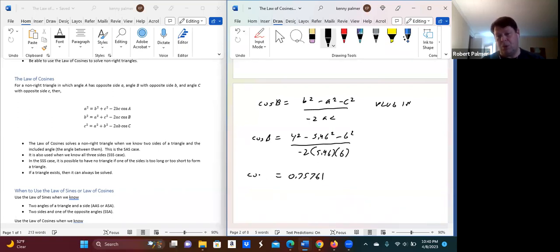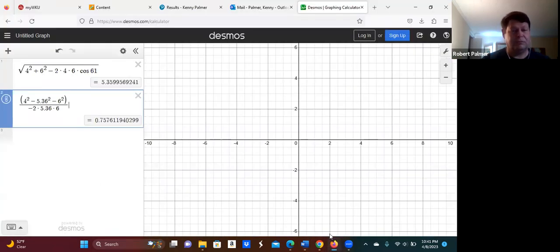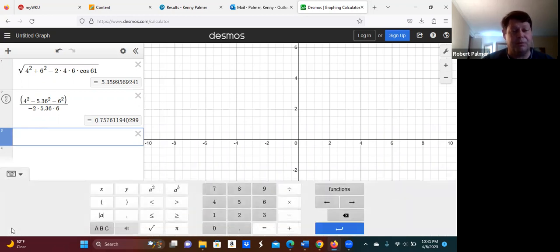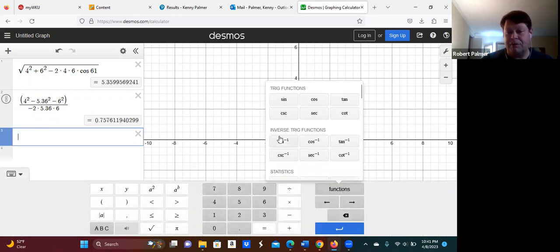Okay, so that's the cosine of B. We want B itself, so take the inverse cosine of both sides. Then B is equal to the inverse cosine of this. Let's make sure we're in degree mode, 0.75761. Let's go back to Desmos. Now do the inverse cosine: click on the keyboard, go to functions, and you'll find the inverse trig function.